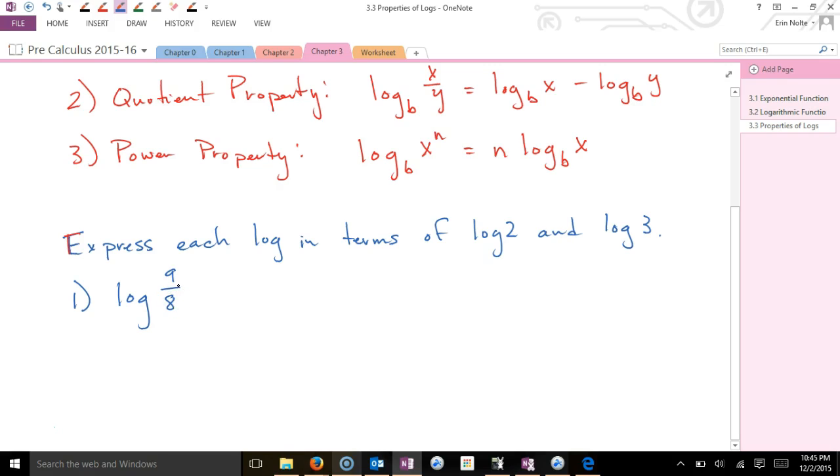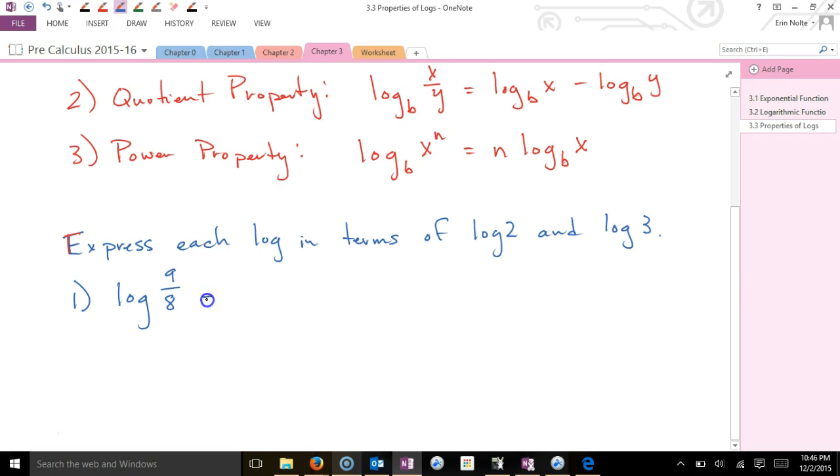Okay, so if I was going to expand this, the first thing I have to do is really look at the 9 and the 8, and say, how can you use 2s and 3s to get to a 9? What's the same as 9? 3 times 3, or another way to say 3 times 3 would be 3 squared.